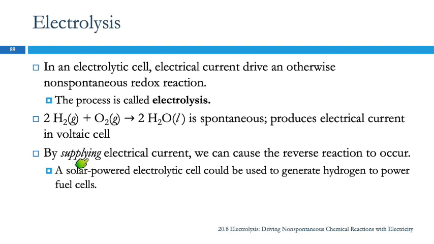But if we put electrical current in, we can cause the reverse reaction to occur. We can take water and decompose it into oxygen and hydrogen. So one idea is that if you had a solar-powered electrolytic cell, you could use that to generate hydrogen to be used in the fuel cell.